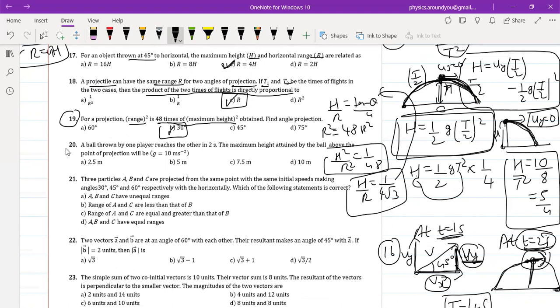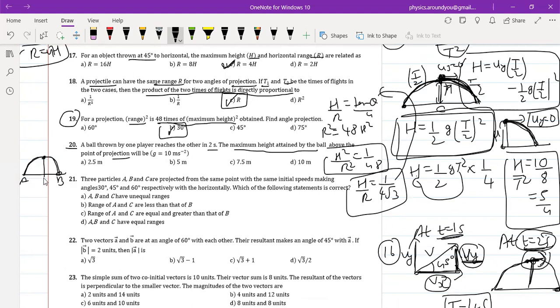Now, question number 20. A ball thrown by one player reaches the other in 2 seconds. What is the maximum height attained by the ball above the point of projection? Okay. So here is where we can take advantage of symmetry. The time taken by the ball to reach from A to B, the whole time is 2 seconds.